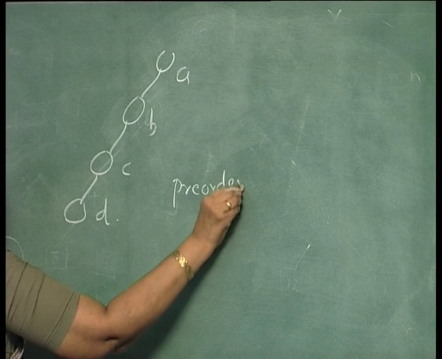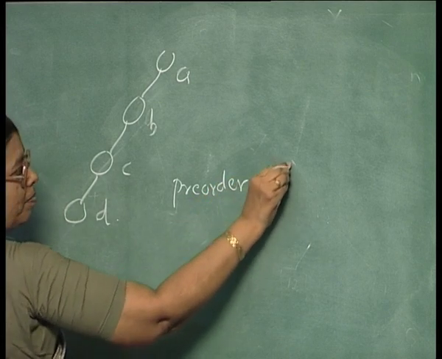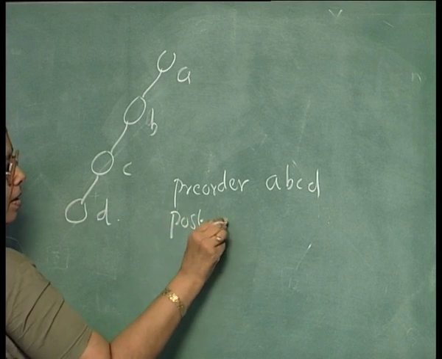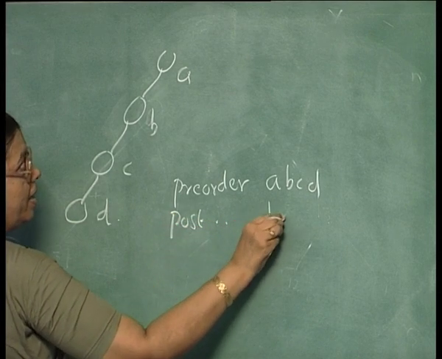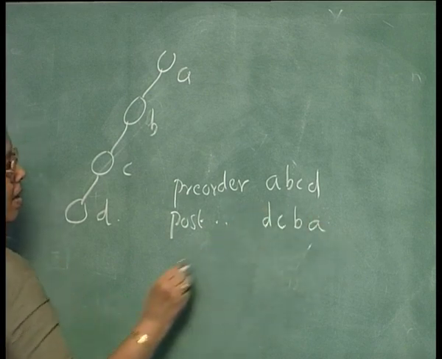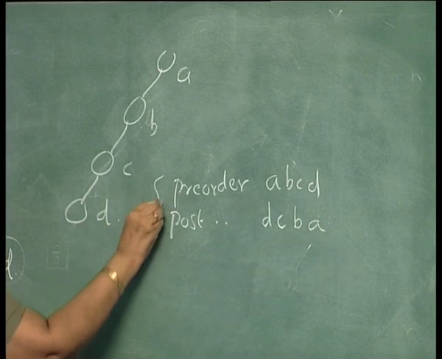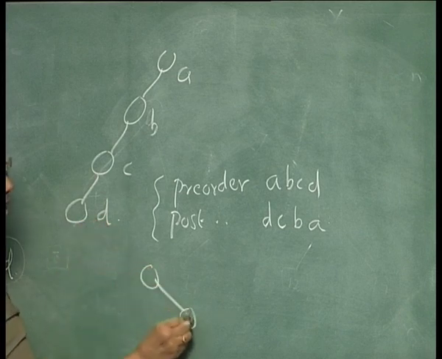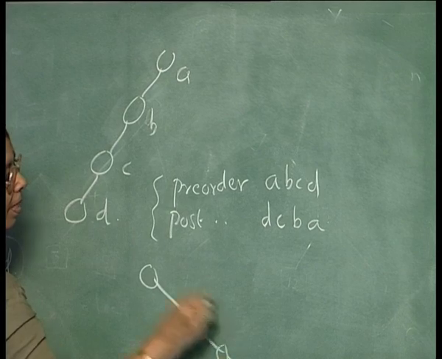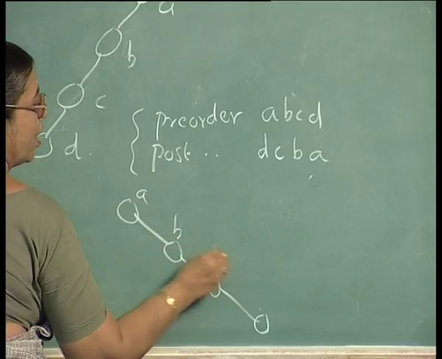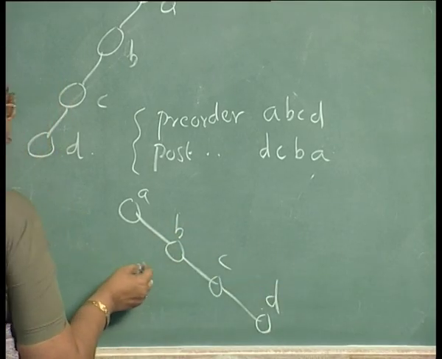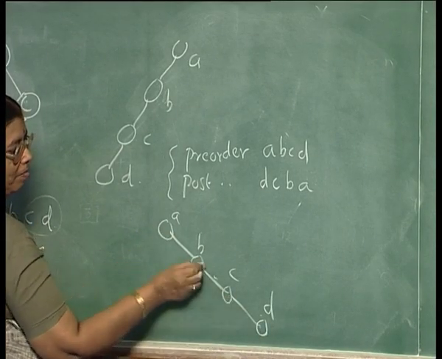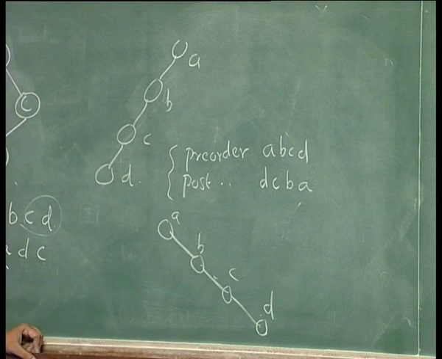The pre-order is A, B, C, D, the post-order is D, C, B, A. If you are given this, the tree can be like this or it can be like this also, A, B, C, D. What is the pre-order for this? A, B, C, D, post-order is D, C, B, A. So, the tree can be this or this.